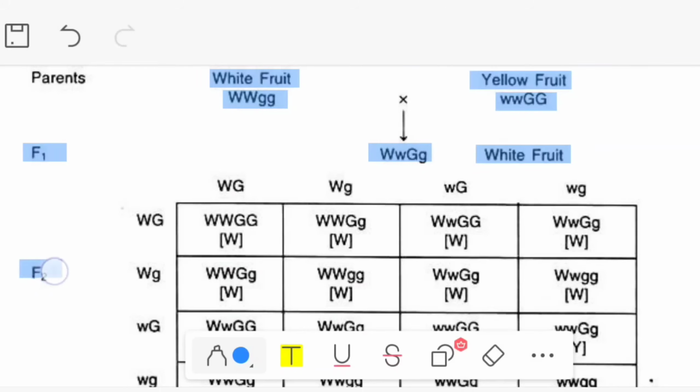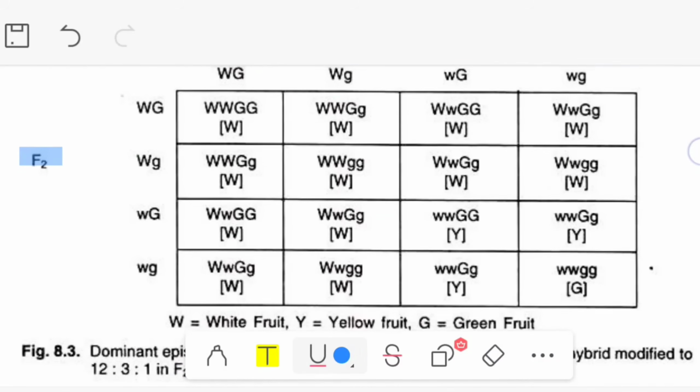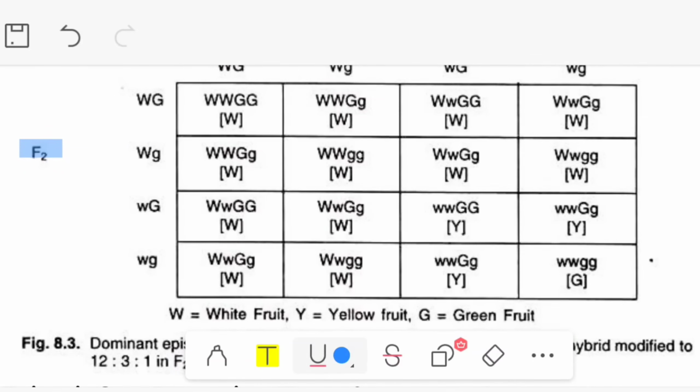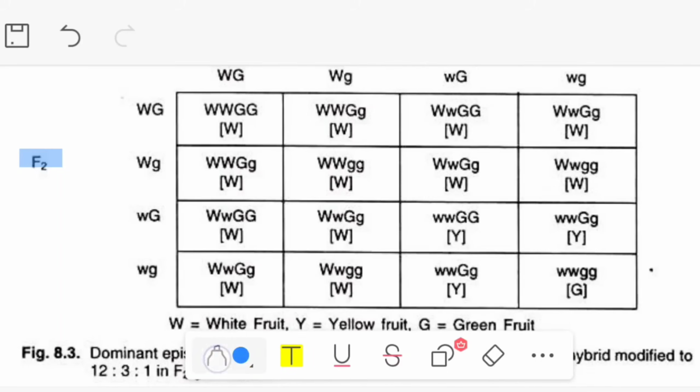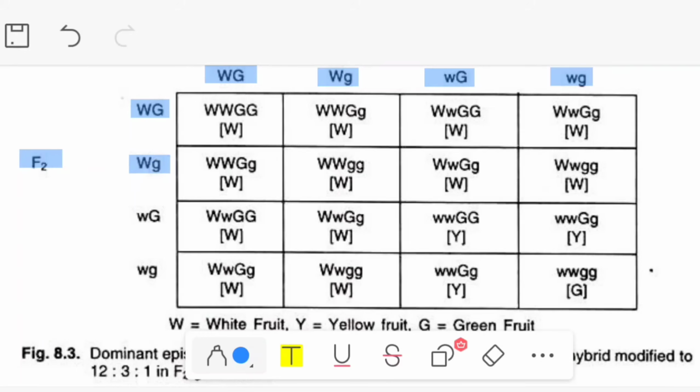Now for the F2 or second generation, which means the selfing of the first generation, here you will have capital W capital G, capital W small w capital G, and small w small g. The same case is here as well, where at least one allele should be dominant.